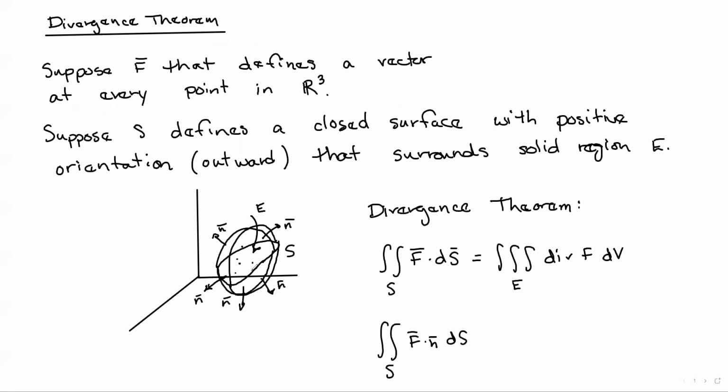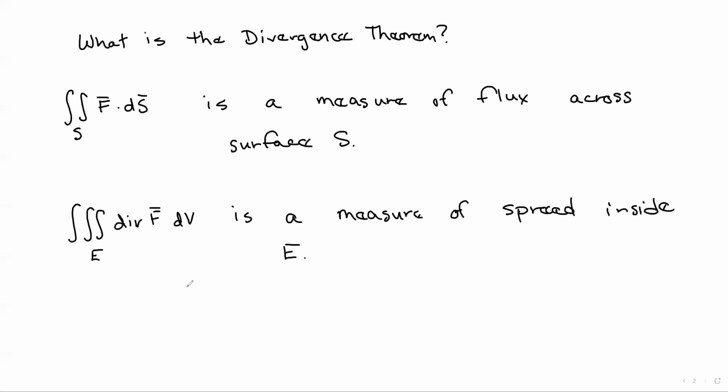If you could imagine leaves sitting in this three-dimensional picture, and you calculated how much those leaves spread out at any given point, and you calculate the spread at all of the points inside, then that would give you the right-hand side. And what the divergence theorem says is that these two things are equal.